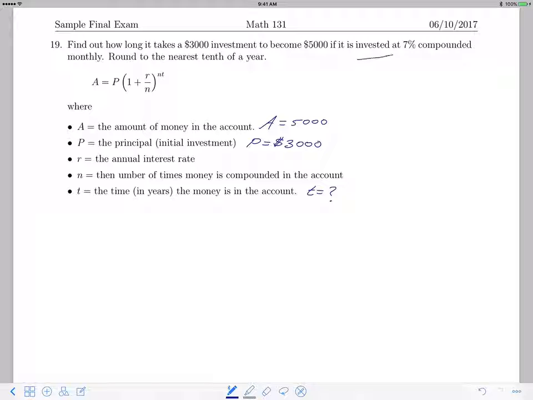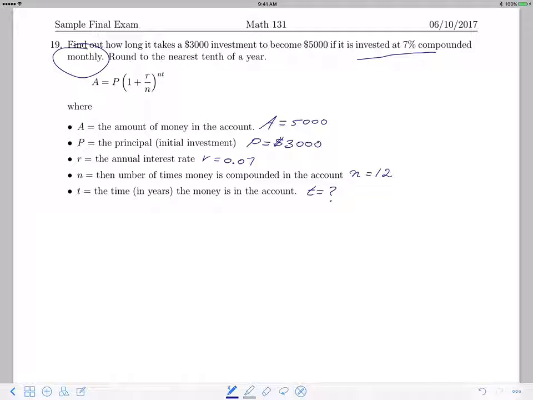The money's invested at 7%, so that gives us the interest rate to be 0.07. We have to write that as a decimal. And then n is the number of times that the money is compounded, or interest is paid per year. And that's monthly. How many times does monthly happen per year? Well, 12. So n is 12.